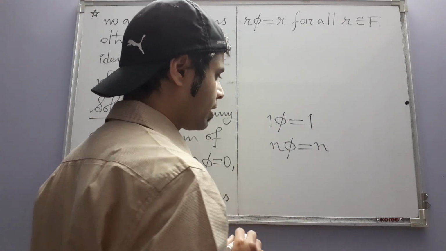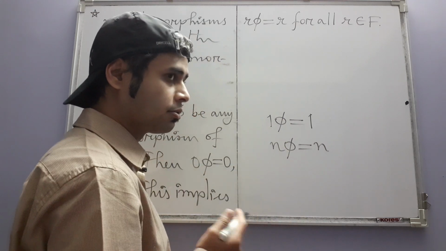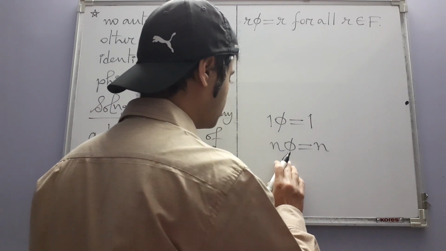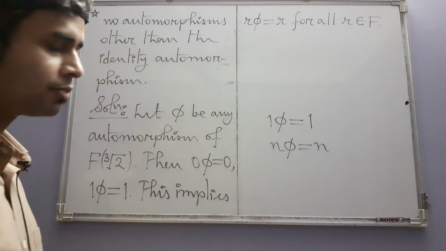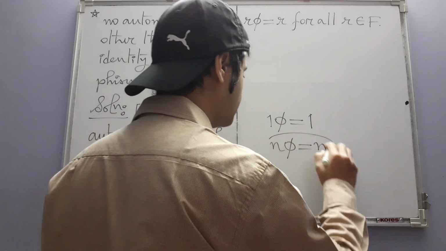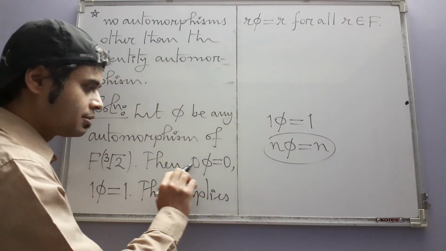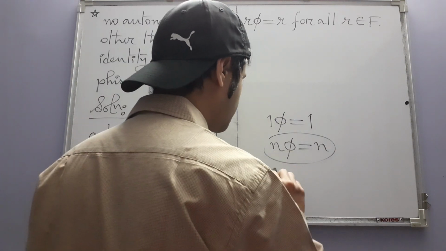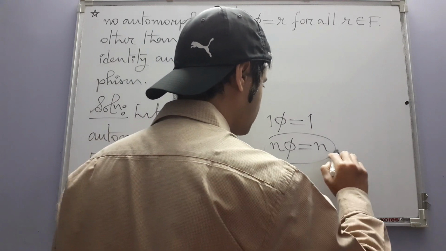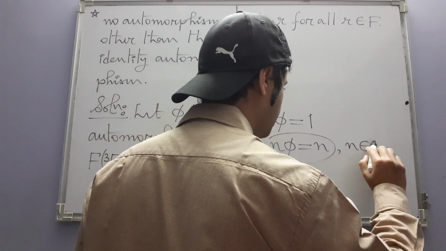Then, using the fact that phi is a homomorphism, phi respects addition and is a homomorphism of the additive group of the field, using this fact along with phi fixing 0, you can prove that here n is a positive integer.